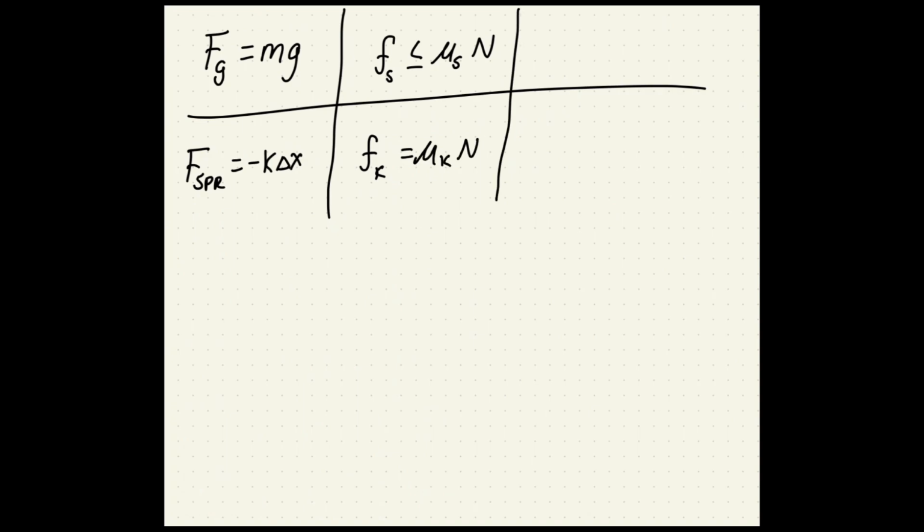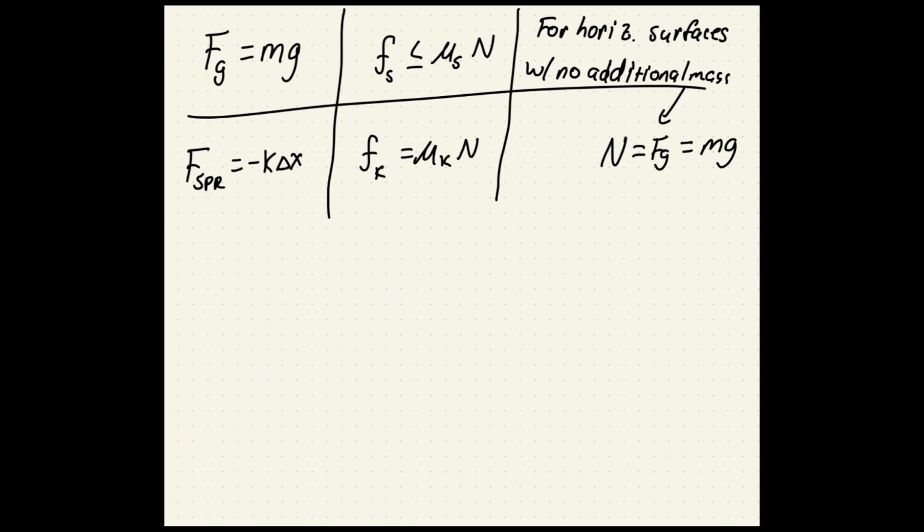And we also have this relationship that says for horizontal surfaces with no additional mass, we get normal force is equal to Fg, which is equal to mg. Again, Fg is the force of gravity, mg is mass times g.